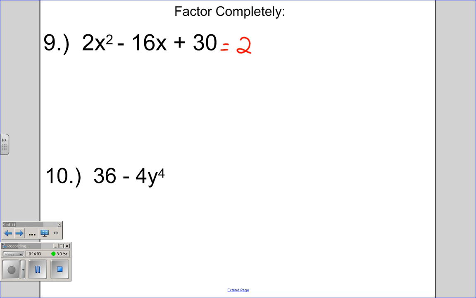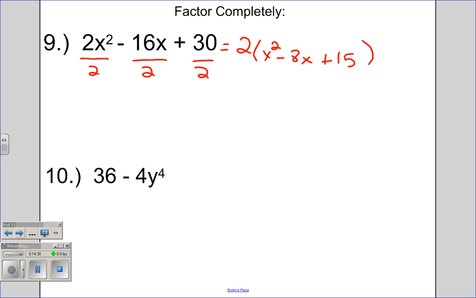So if I divide, now is there a variable? No, because the 30 doesn't have an x. So I'm going to divide everything by my greatest common factor. When I do that, what am I left with? X squared minus 8x plus 15.